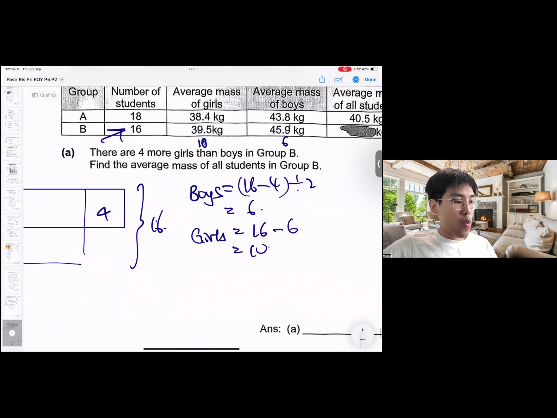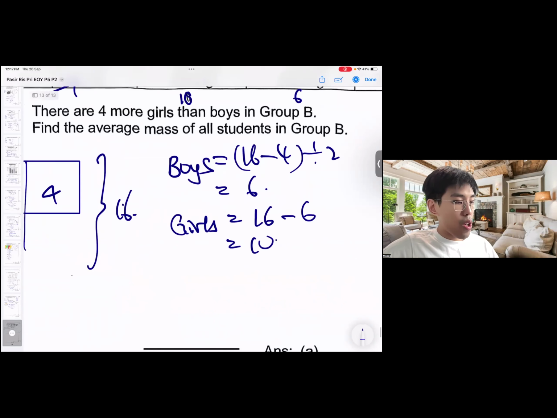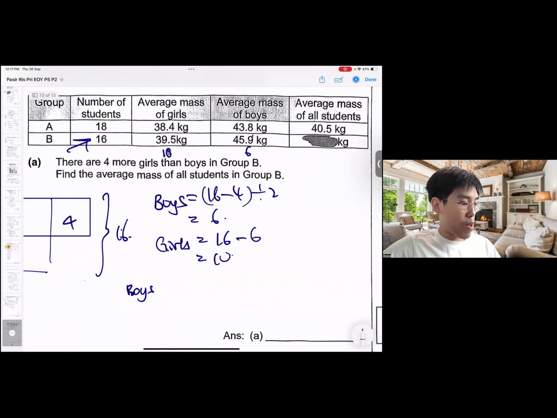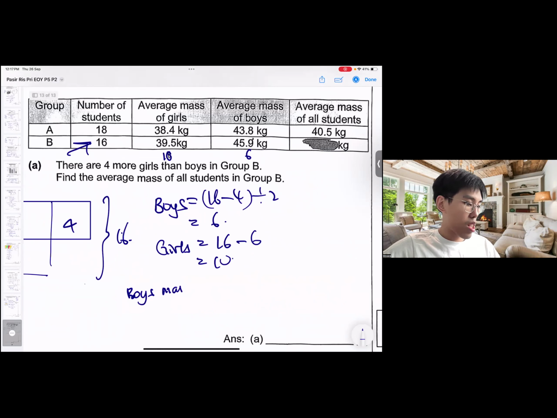From here, we can find the total mass of all the girls, then the total mass of all the boys, then add everything up and divide by 16. That's the most straightforward way to do it. So for the boys, the mass will be 45.9 times 6 boys, and you get 275.4.